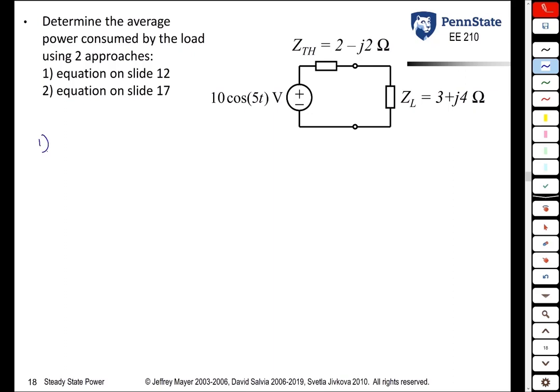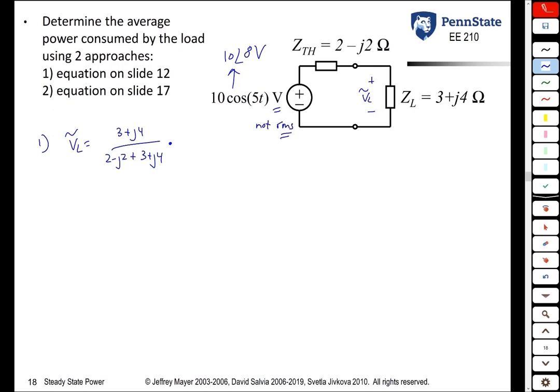So first thing we need to do is determine the voltage across the load. It's voltage division. V_L tilde is what? It's 3 plus J4 over 2 minus J2 plus 3 plus J4 times the phasor version of this, which is 10 at an angle of 0 volts. Notice this is not RMS.